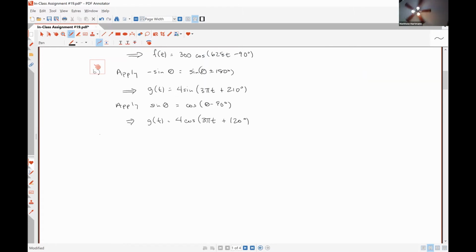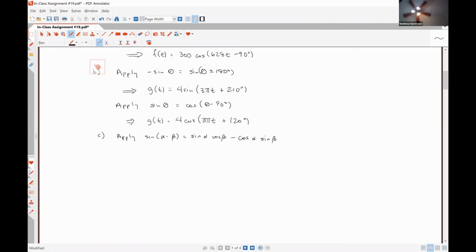Part C is going to be significantly more difficult depending on the approach we take. So there's a trig identity. It says that sine of alpha minus beta is equal to sine alpha cosine beta minus cosine alpha sine beta.